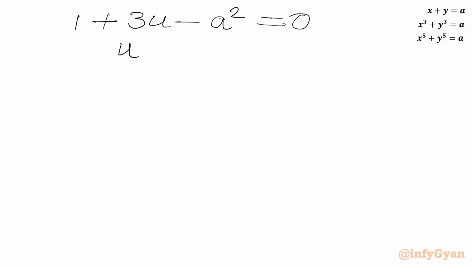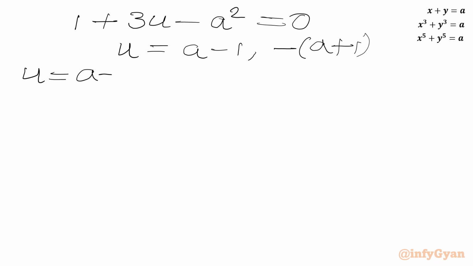Let me write here u values. u was a minus 1 and minus of a plus 1. So let us solve this quadratic for first u value, u equal to a minus 1.